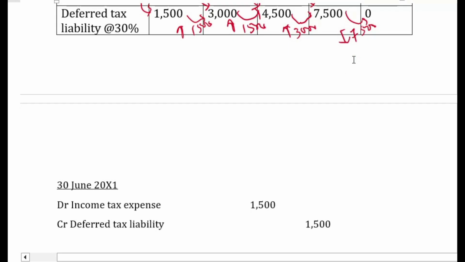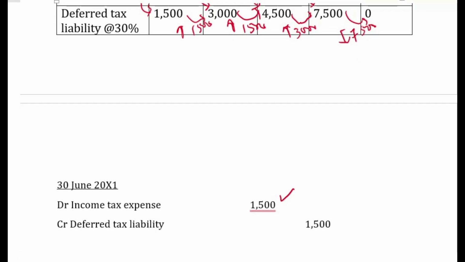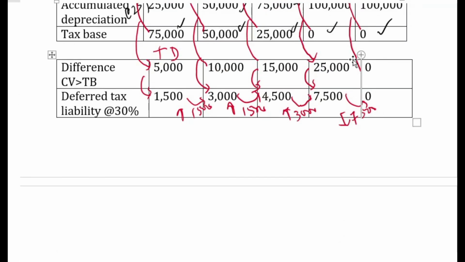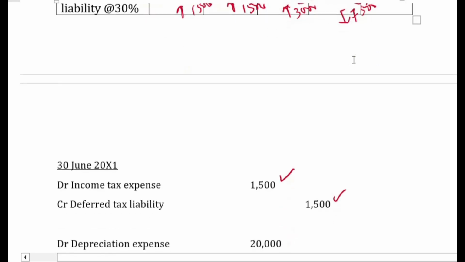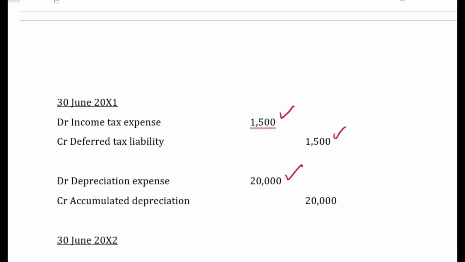The first year, we debit income tax expense and credit deferred tax liability 1,500. Then there is depreciation expense of 20,000 and accumulated depreciation 20,000.